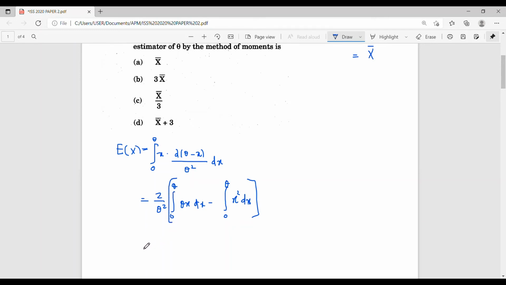Then this is equal to 2 by theta square into, solving the integral, theta into x square by 2 minus x cube by 3, ranging from 0 to theta.